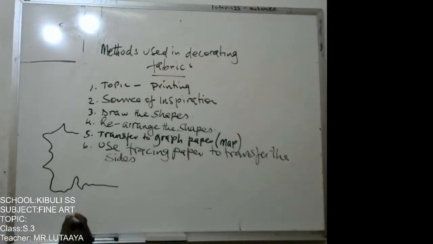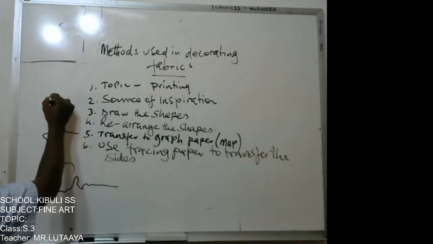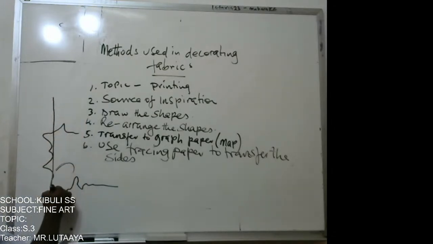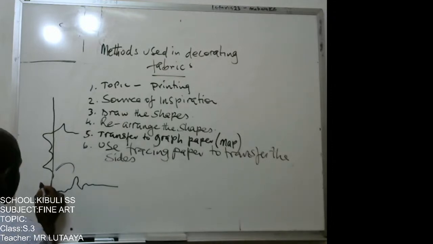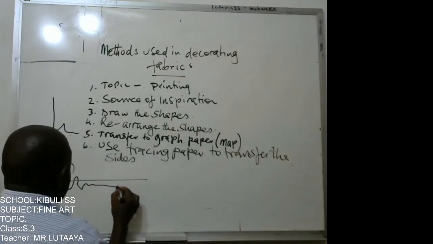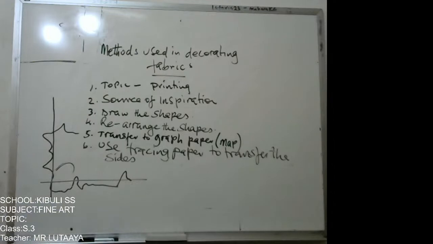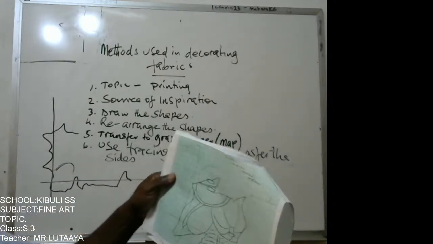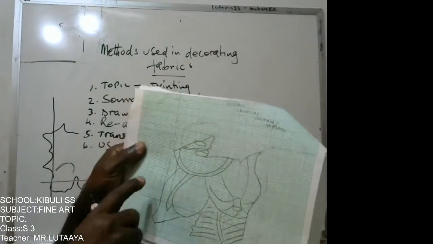According to the shapes you have, the shapes are created. So you draw a line here, and also a line here. These are the lines I mean.